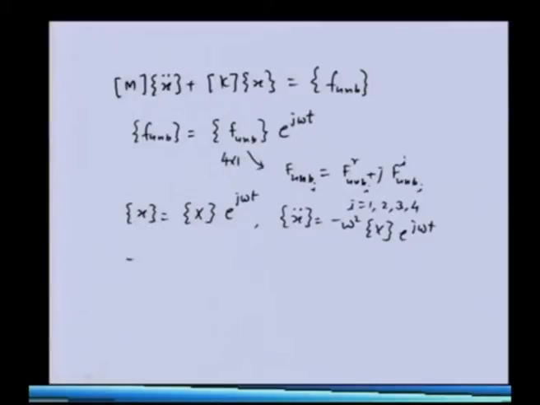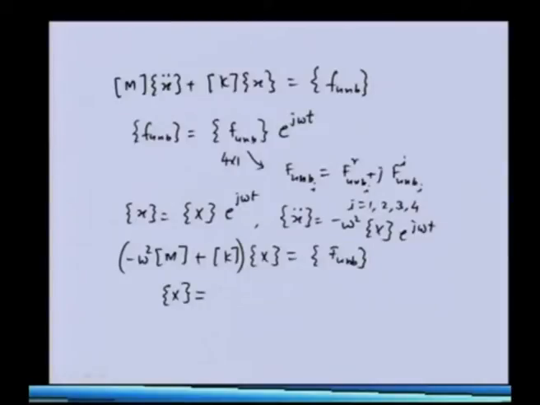So we will get, from the equation of motion, capital X is equal to the unbalanced force magnitude, the complex amplitude, and the time dependent term will vanish. Now the response of the system, X, we can get by inverting this particular matrix.